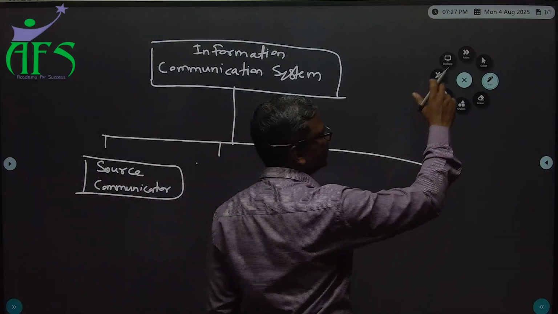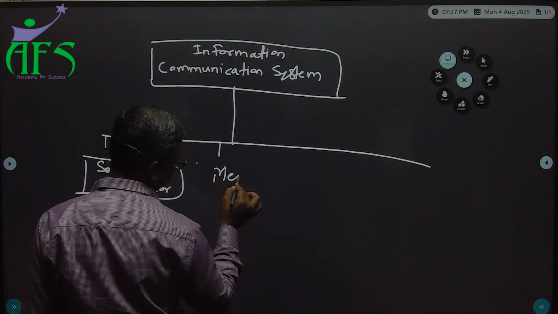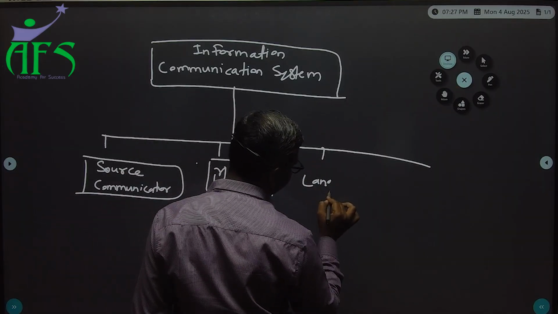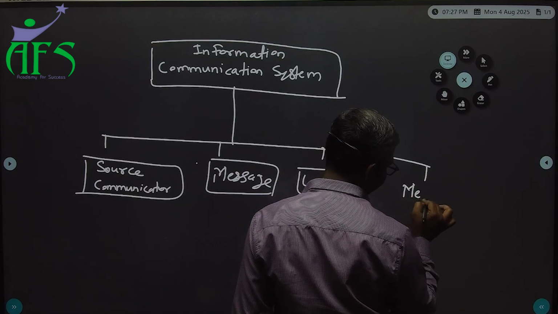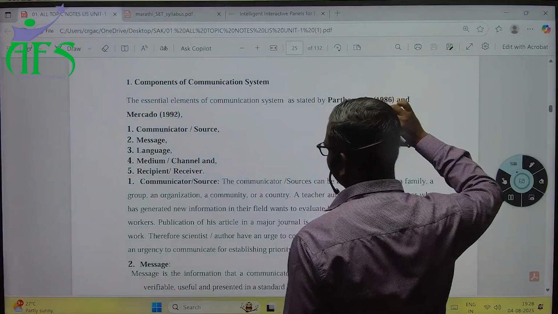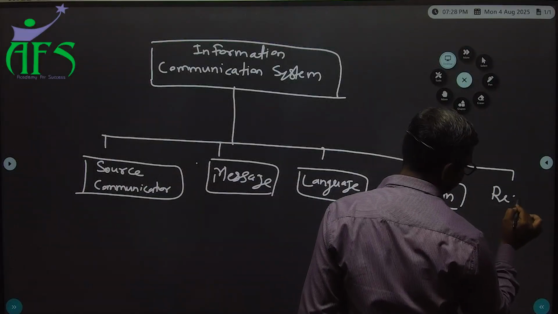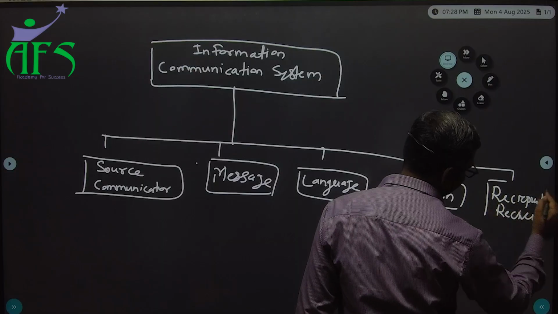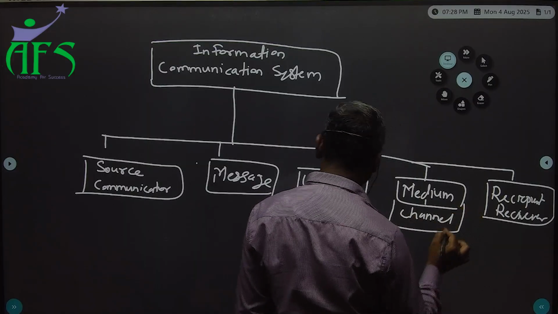Second one is the message. Third one is a language. Fourth one is a medium. And fifth one is a recipient or receiver. Medium is also called channel. Two names are given here.